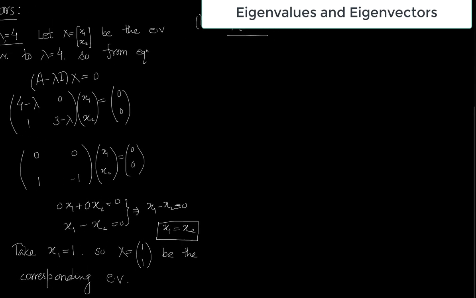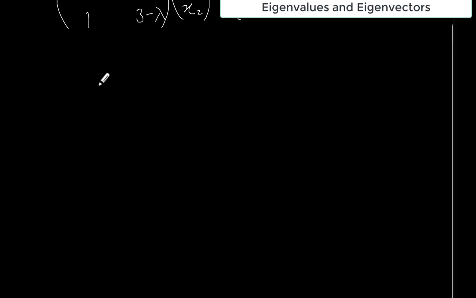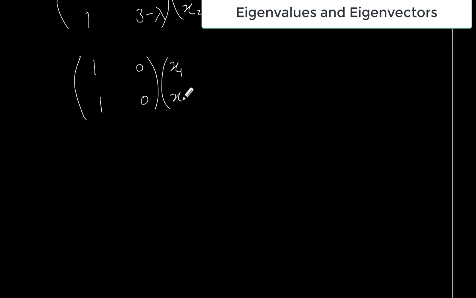Again we consider that x equal to x1, x2 is the corresponding eigenvector. Then again from the equation we have 4 minus lambda, 0, 1, 3 minus lambda. Now just put lambda equal to 3, you will get 1, 0, 1, 3 minus 3, which is 0, times x1, x2, equal to 0, 0.